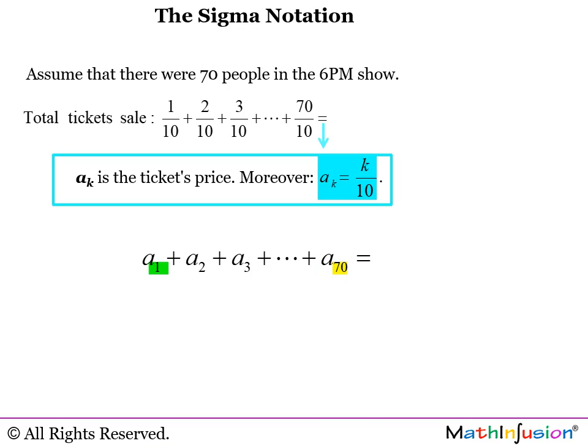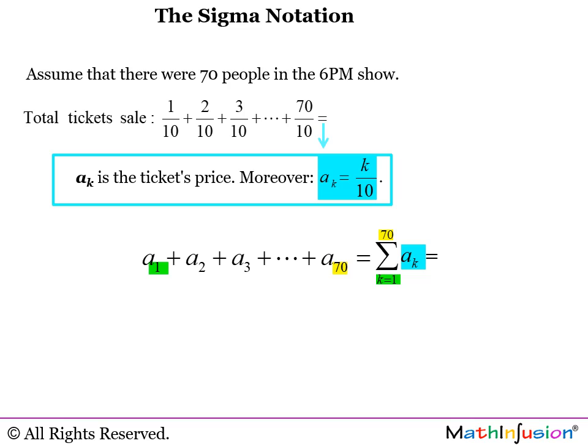And here is the way to express this sum using the sigma notation. Sigma is a shortcut for many pluses. So here it is. It is the sigma when k runs from 1 to 70 of a sub k.